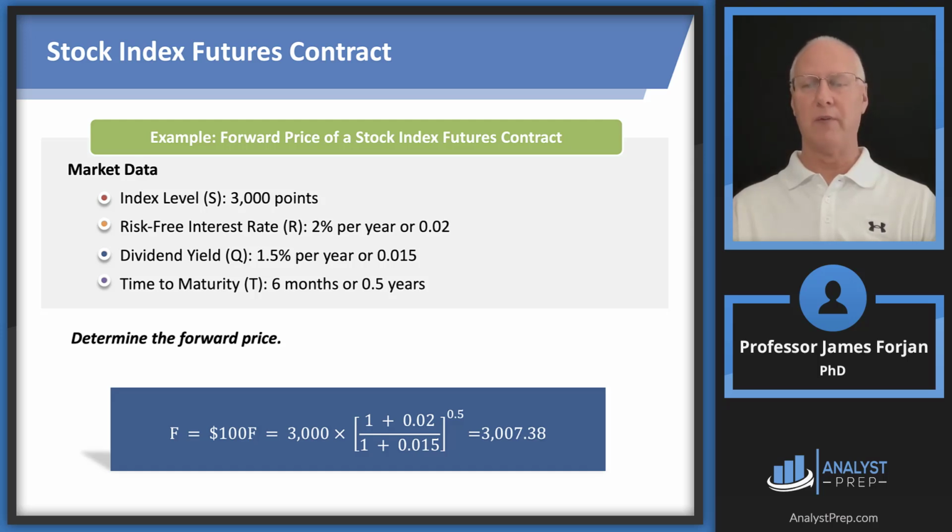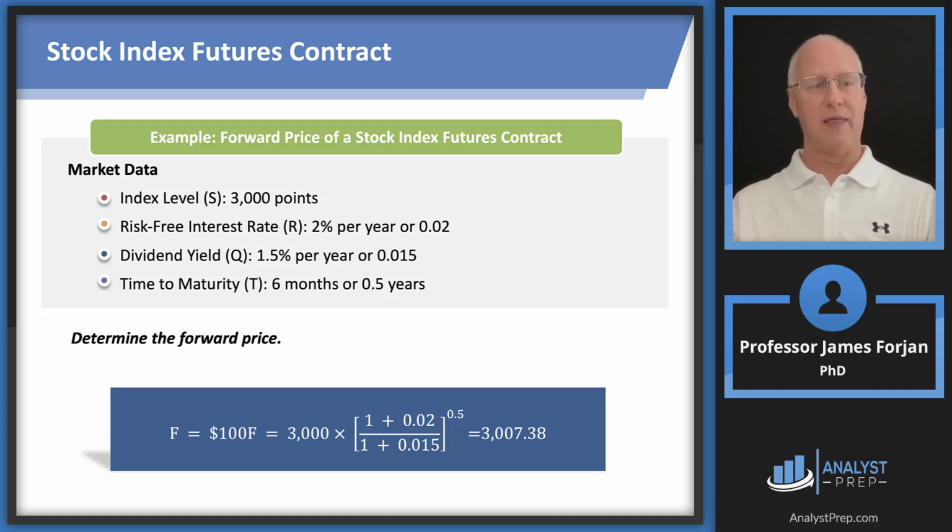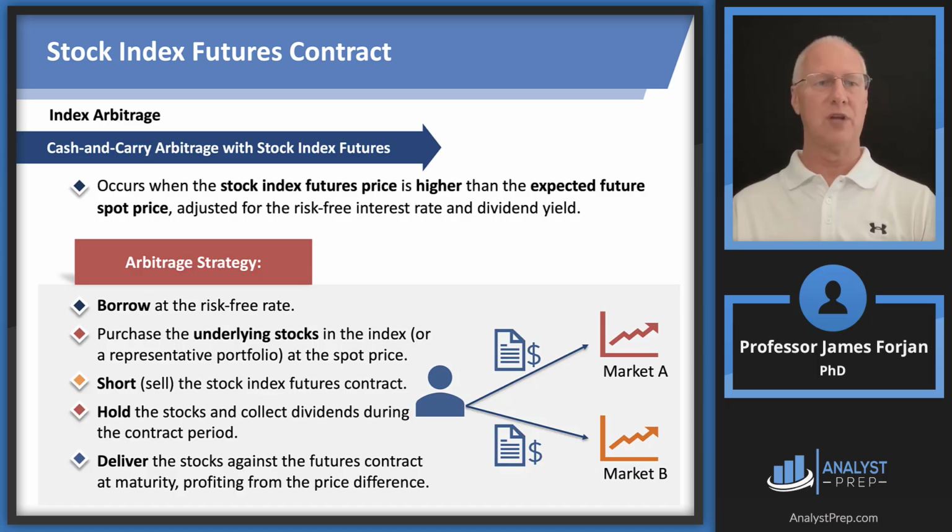Determine the forward price. We're just going to measure the relationship between the compounding of the risk-free rate divided by the compounding of the dividend yield. So there we go. 3,007. I can't help but refer to what a cool forward price this is, because it reflects James Bond.